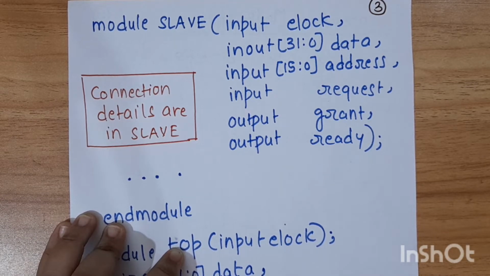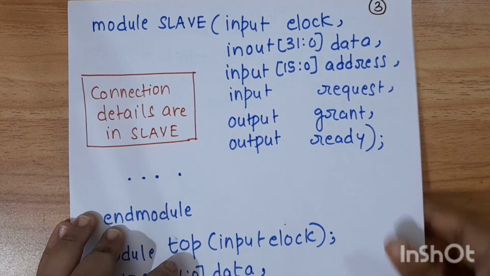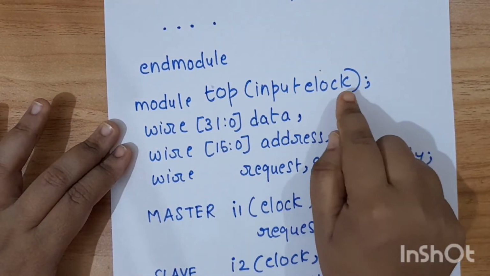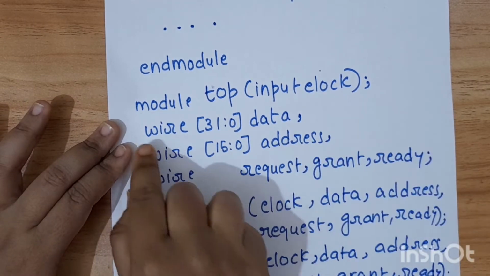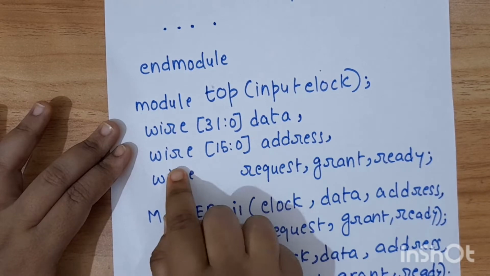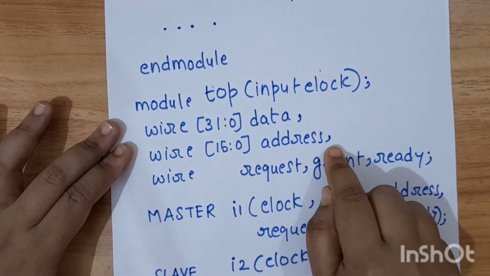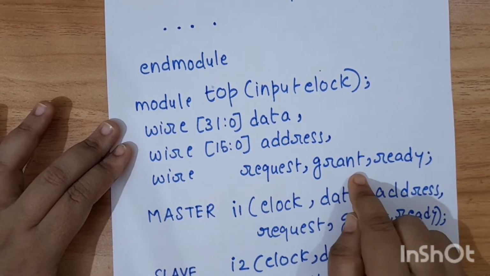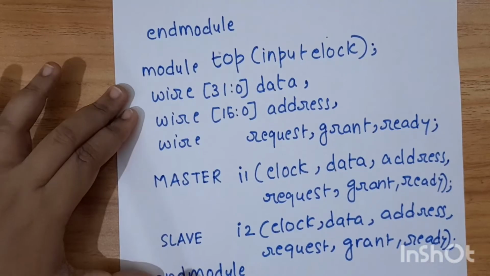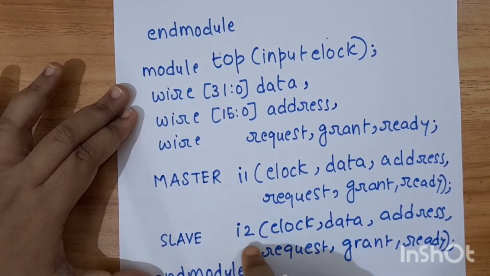Now the same signals I will put in the module top. See, module top, input clock is there in the port list. Then what I have? wire [31:0] data, wire [15:0] address, wire request, grant, ready. Okay, now master has been instantiated as I1 and slave has been instantiated as I2.